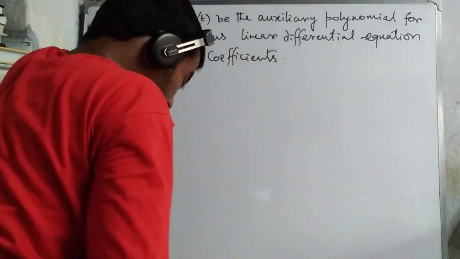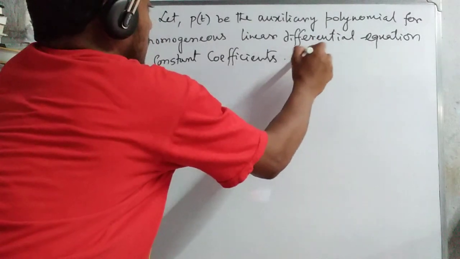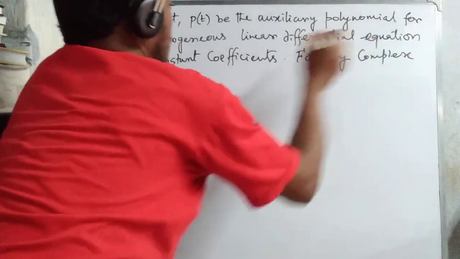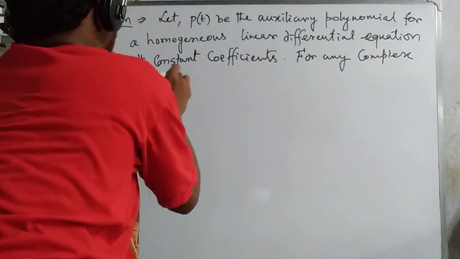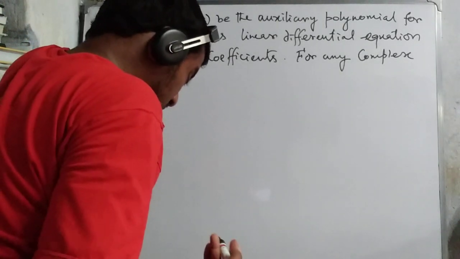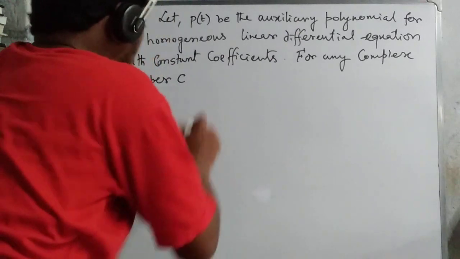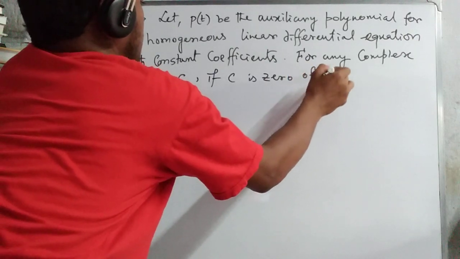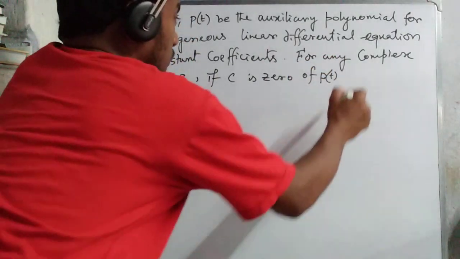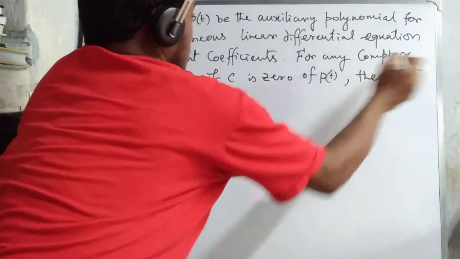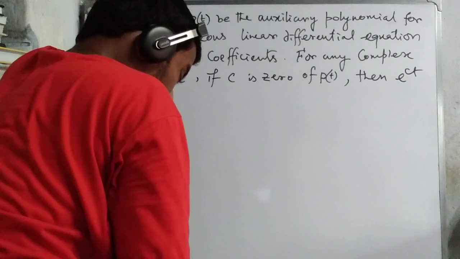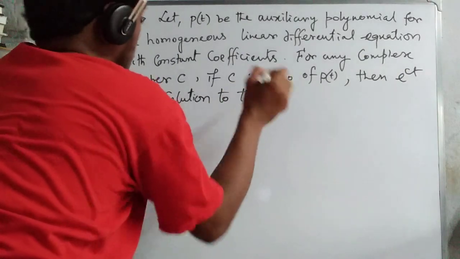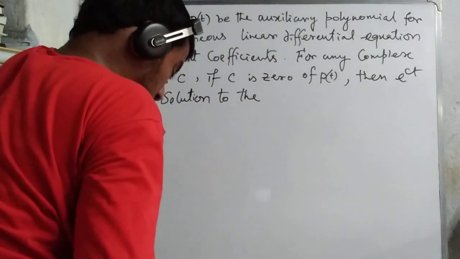Then what happens for any complex number c? For any complex number c, if c is a zero of p(t), then e to the power ct is a solution to the differential equation.